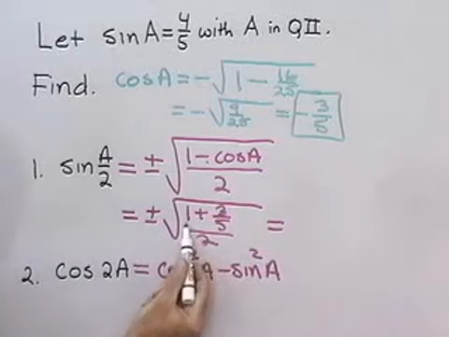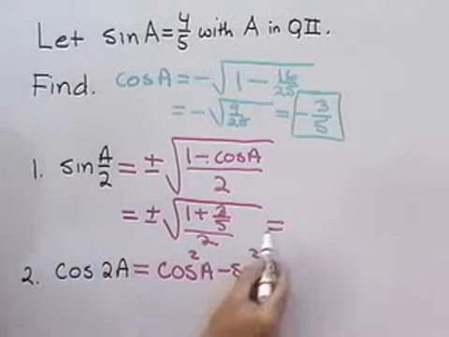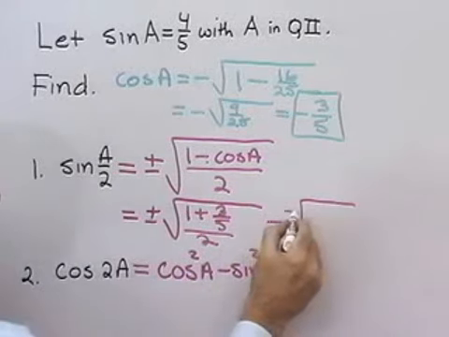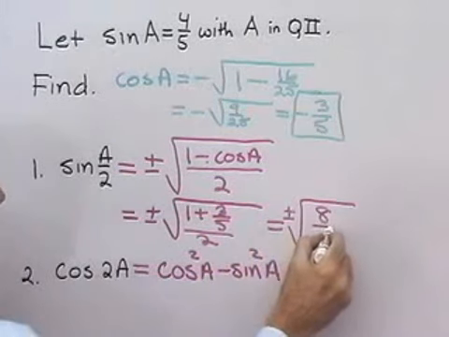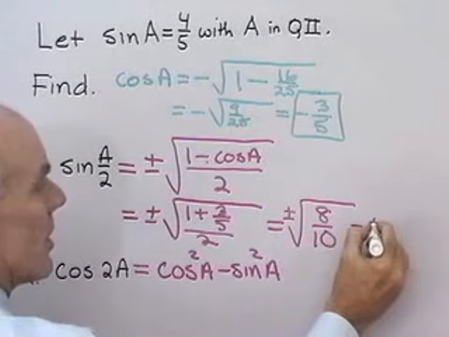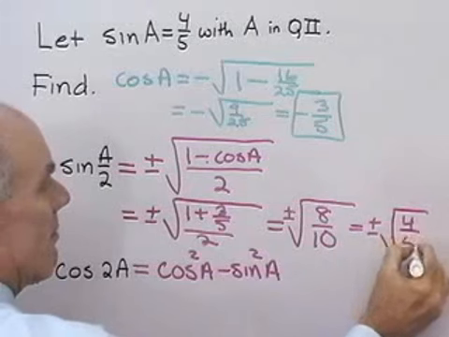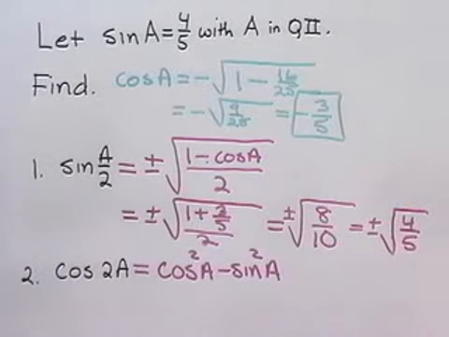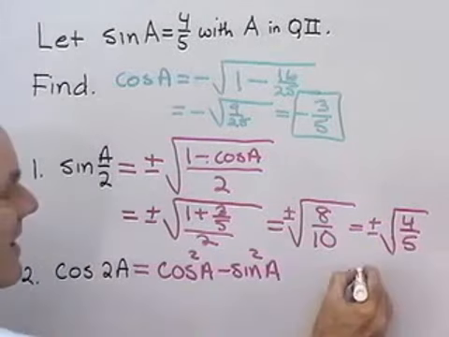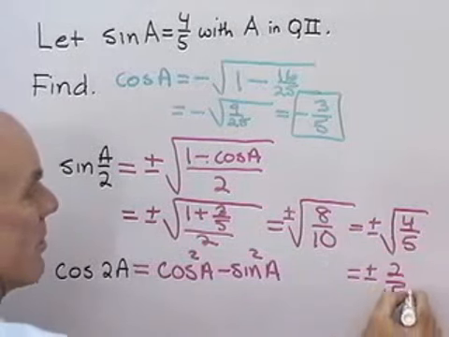Now let's see, this is 5/5 plus 3/5, that's 8/5 divided by 2, which is plus or minus the square root of 8/10. So that, in reduced form, is plus or minus the square root of 4/5, and so that is plus or minus 2 over square root 5.